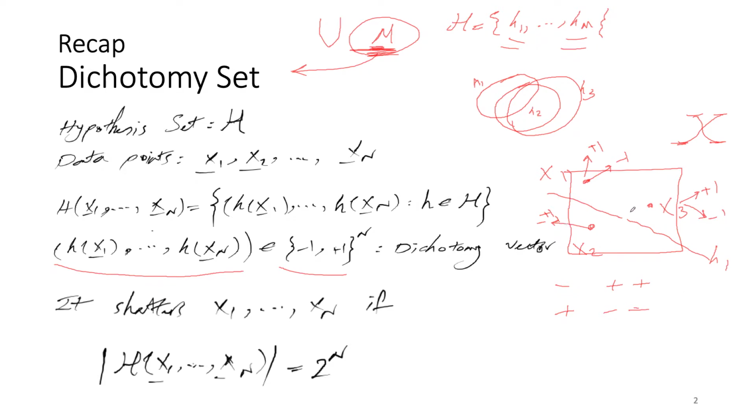What if I put my hypothesis here? So this was x2 actually. x2, x1, x3, so x1 becomes -1, and 2 and 3 are pluses, or the other way around.